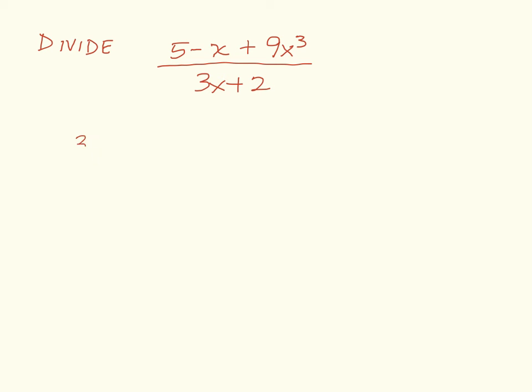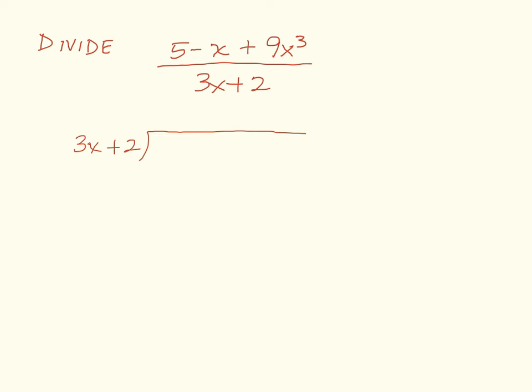So we're going to divide 3x plus 2 into what? Well, look at the top expression. We have an x cubed term and an x term and a constant term, but we don't have an x squared term. So we have to insert an x squared term.